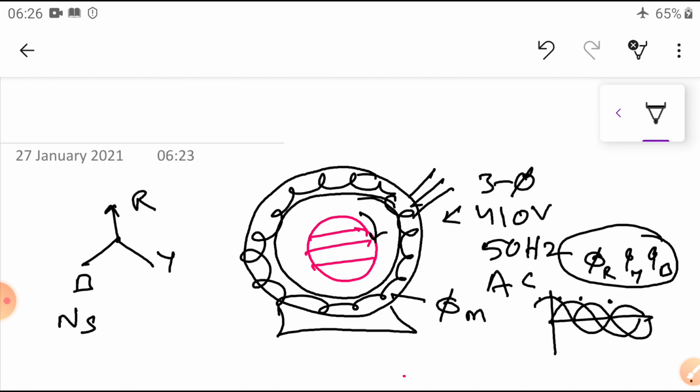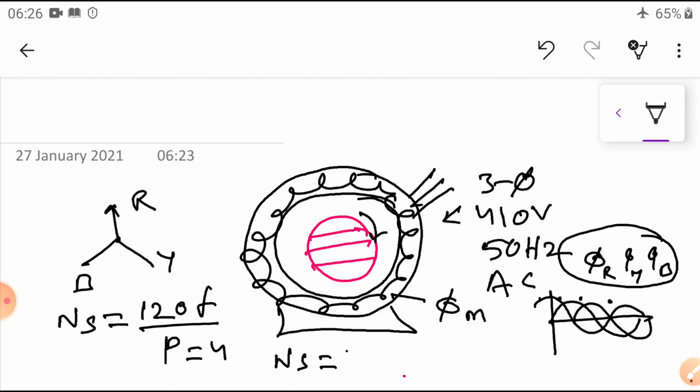What is this? Ns is equal to 120 F by P, where 120 is a constant, F is the AC supply frequency and P is the number of poles. Let us assume P is equal to 4 poles. Then we get Ns is equal to 1500 rpm.